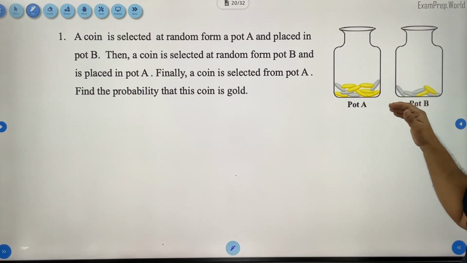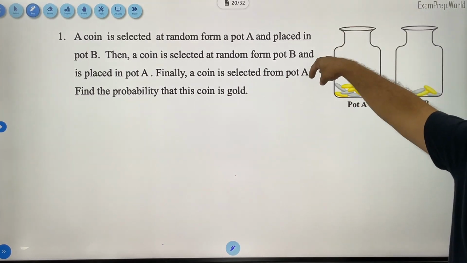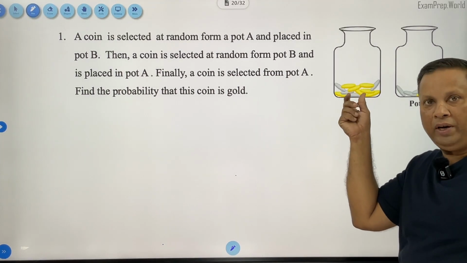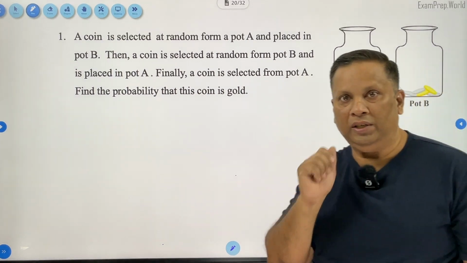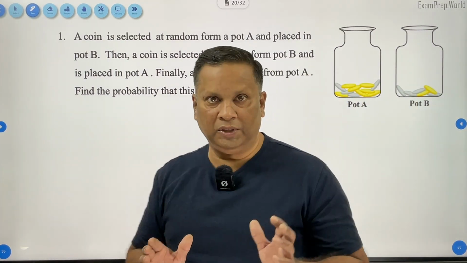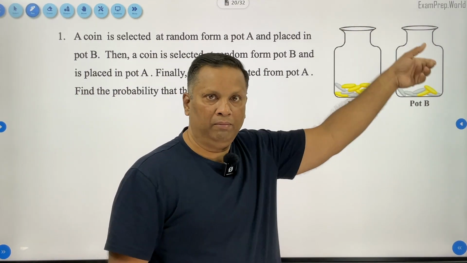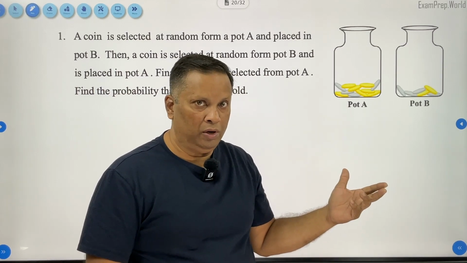And finally, the question is, after doing that exercise, moving one coin from A to B and another random coin from B to A, you select a final third coin from pot A. And they are asking, what is the probability that the third coin is gold? Do you understand the question? Once again, I am going to repeat. We select a random coin from A and put it in B. There can be two options, either it is gold or silver.